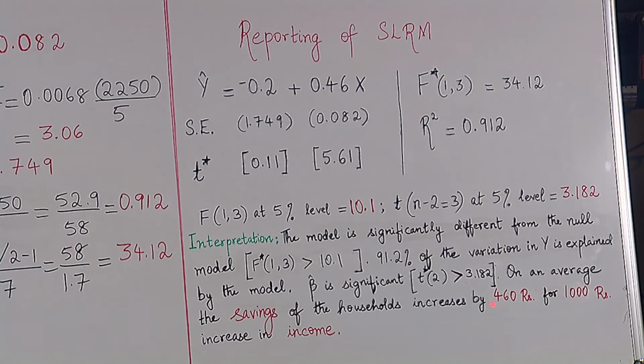Rupees 460 is derived from beta hat. Beta hat is measured in terms of rupees in 1000. So, multiply beta hat with 1000 to get this rupees 460.